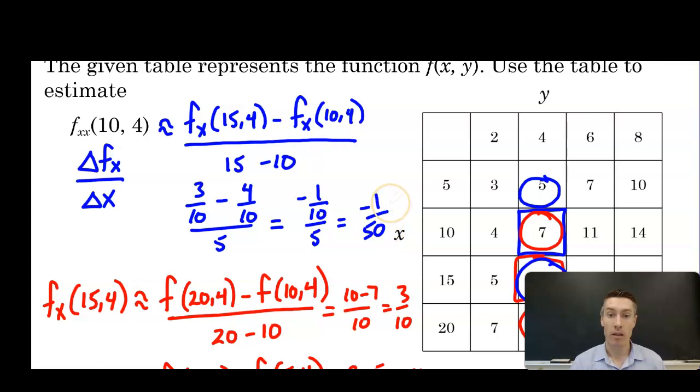Because we have a negative value. That's definitely a higher level extension here, but an important one that we're actually going to build off of when we get to our extrema. But for now, start to make that connection between what we're doing with these second order partials, especially from a table, and some of the work that we built up last year in single variable calculus.